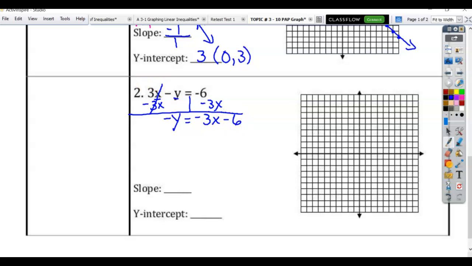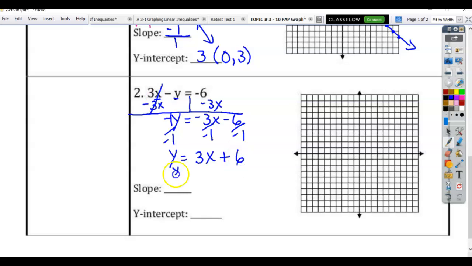We're not done yet. The y is not by itself because we actually have a negative 1 there. So we're going to divide by a negative 1. Divide, divide. Now you get y equals, a negative over negative is a positive 3x, and negative over negative is a positive 6.